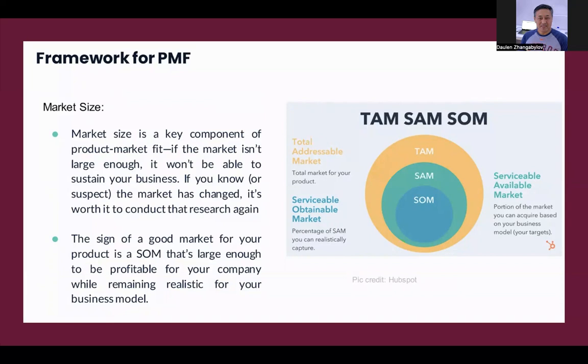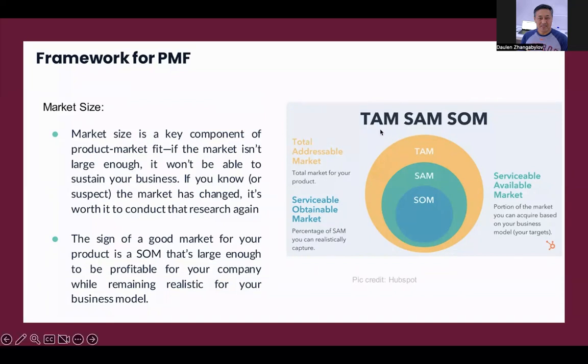A good sign of a good fit for the market is that your product is in the serviceable obtainable zone. You should remember I told you about like 10% of your market, and of course you do a lot of research trying to understand which zone you are working in now.